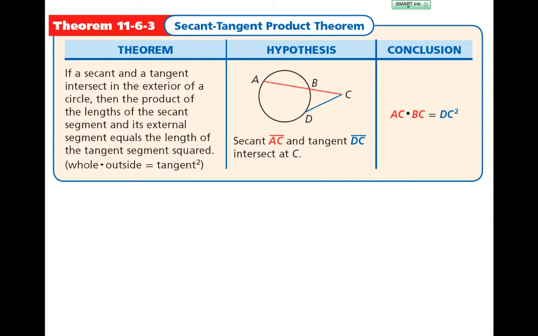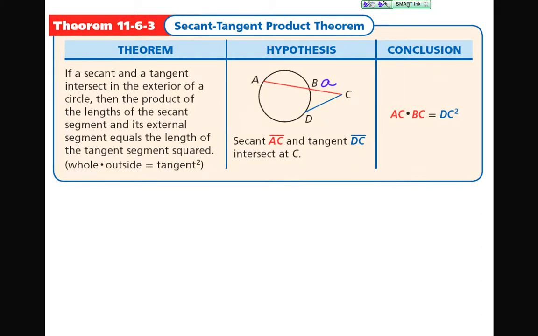The way it would be labeled to match the wall, to do A and A plus B, the A's on the outside. So A, B, and the tangent part is C. So on the wall it says take A times A plus B, and that will equal the tangent part C squared. In other words, C times C.